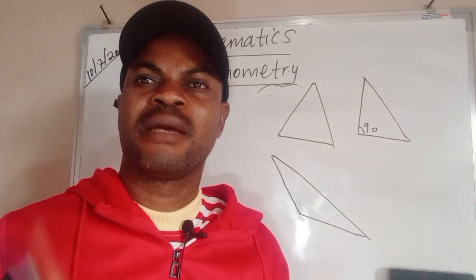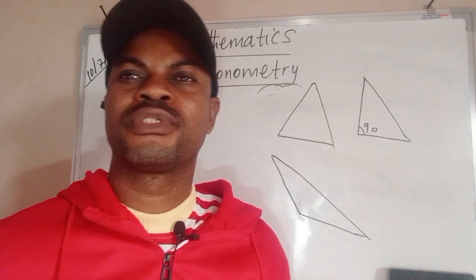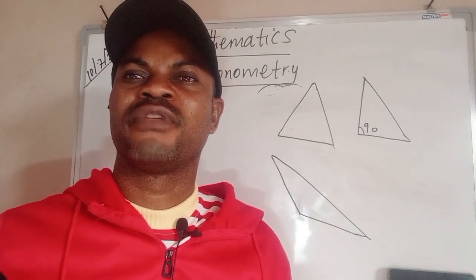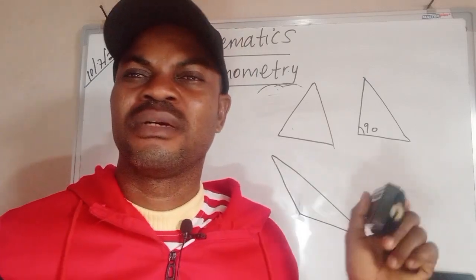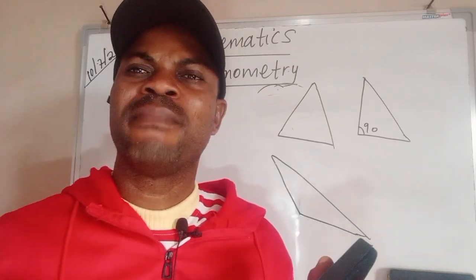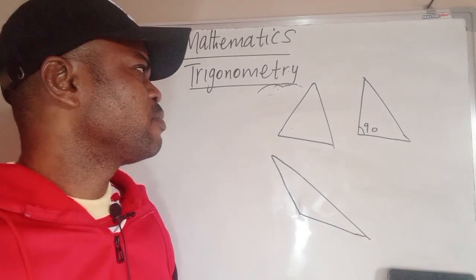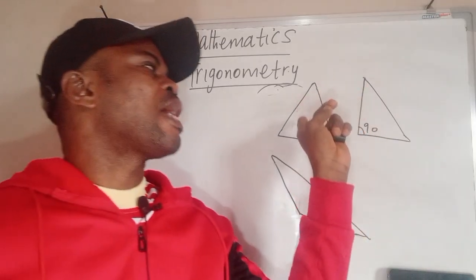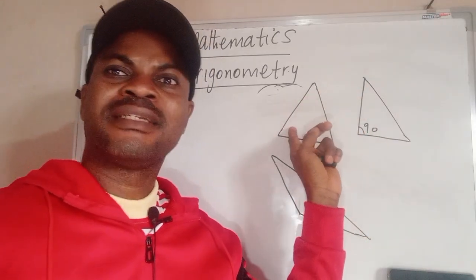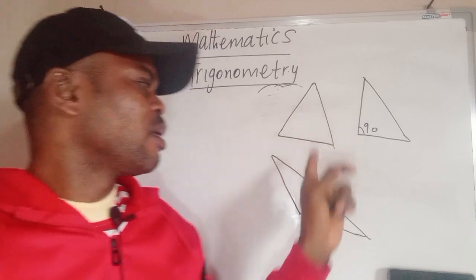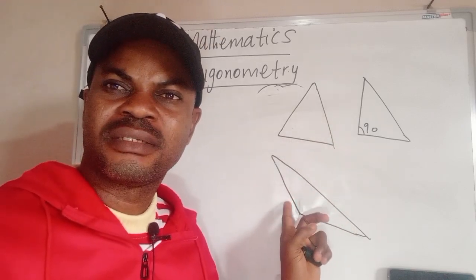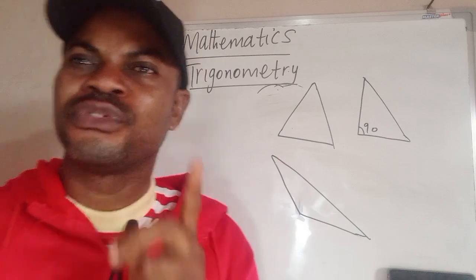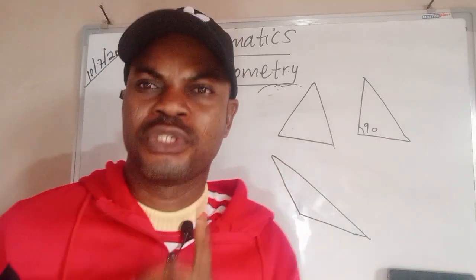The square of the hypotenuse is equal to the sum of the squares of the other two sides, and it can be resolved with that alone. But whereby it happens to be an acute triangle, as in this case, or an obtuse triangle, as in this case, you can never use Pythagoras' theorem.